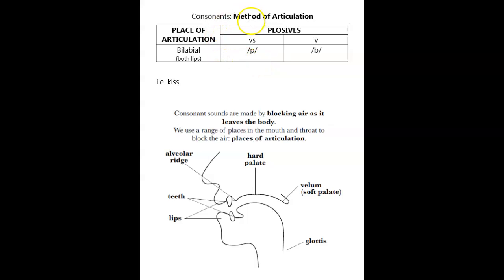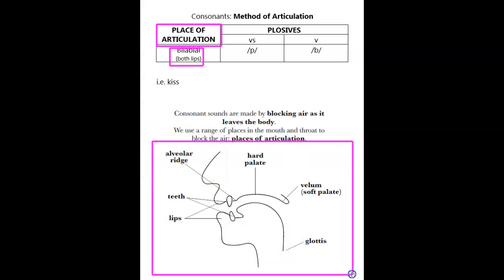Looking at the place of articulation specifically here, this is the point at which we obstruct the breath stream, and it is an important factor for consonants in classifying them. We are beginning with just the bilabials, but for the place of articulation, we have several. These are the different places your tongue can hit, or your teeth, or your lips.